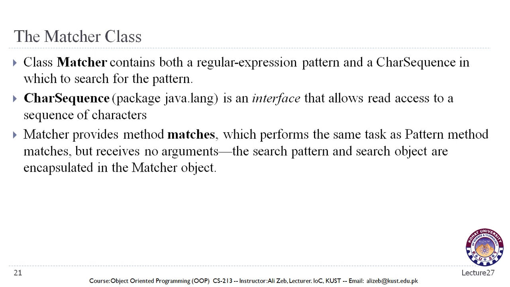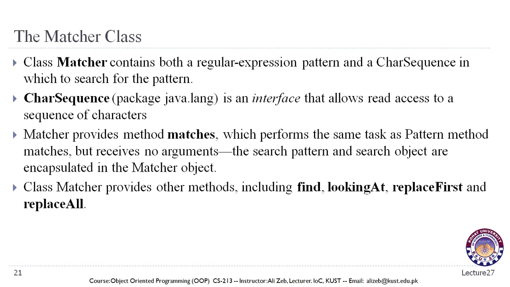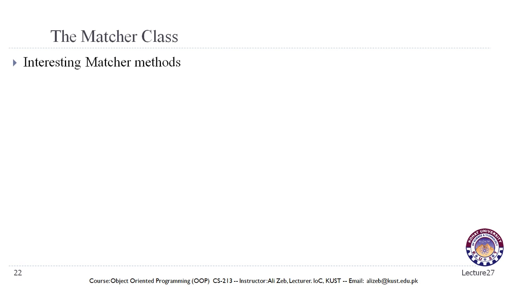Matcher provides method matches, which performs the same task as Pattern method matches, but it receives no arguments. The search pattern and search object are encapsulated in the Matcher object. Class Matcher provides other methods as well, including find, lookingAt, replaceFirst, and replaceAll. Class Matcher has other interesting methods as well.